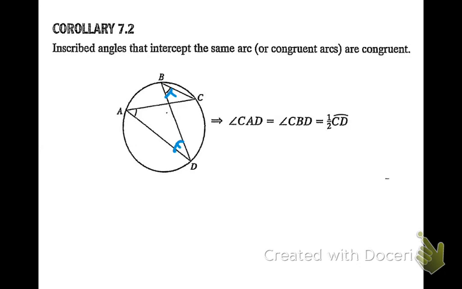Those aren't alternate interior angles because these two lines, this line and this line, are not necessarily parallel. If they were parallel, then you could say these two angles are congruent. But we don't have that situation here. What we have is these two angles being congruent.